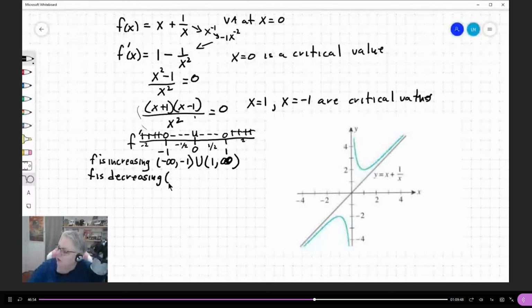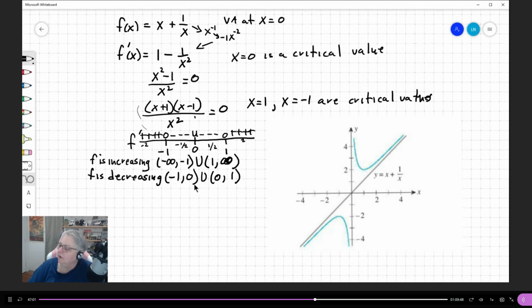So when we say it's decreasing in there, it's decreasing from -1 to 0 and from 0 to 1. But notice we're not including 0 there.